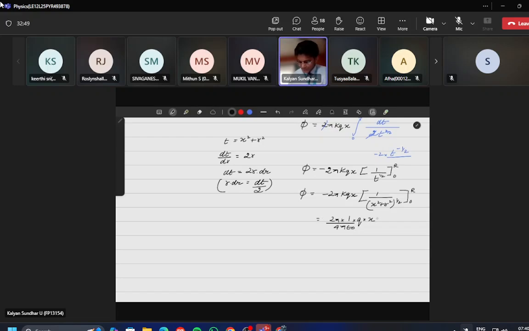So taking the minus inside, this will be x, 1 divided by x square plus capital R square.